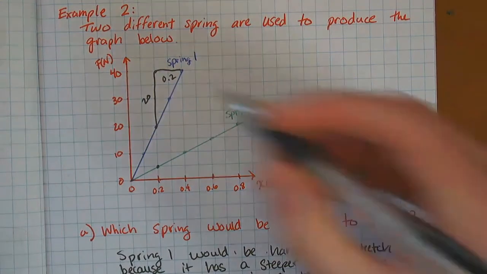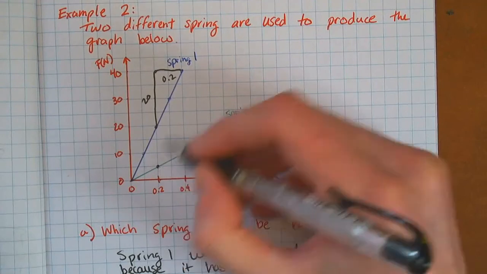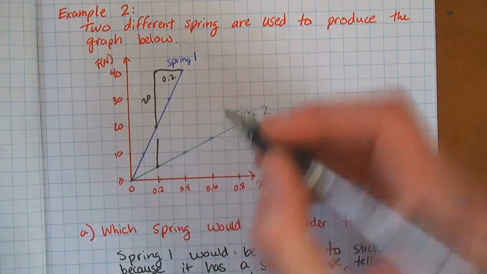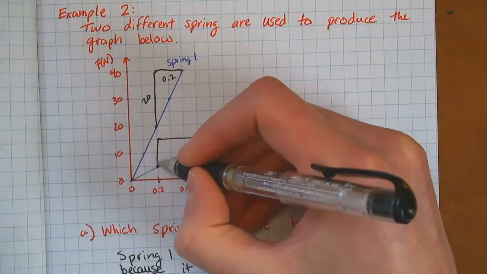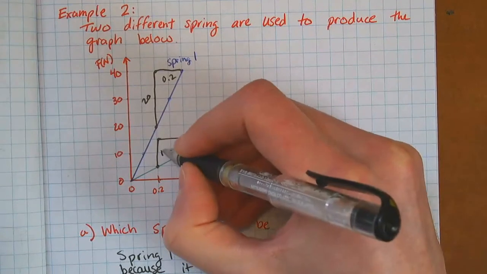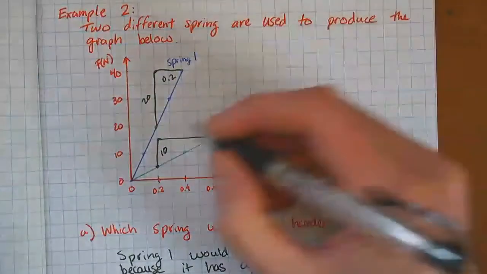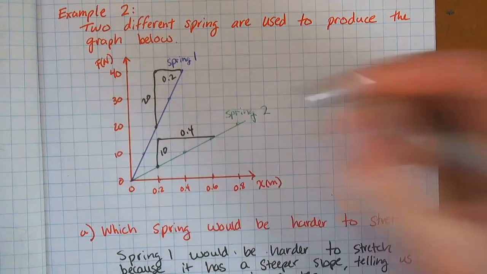For spring constant 2, we can do the same thing. That's going to go up and then over. We're at 5 right now, 5, 10, 15, so it goes up 10, and then over 0.4.